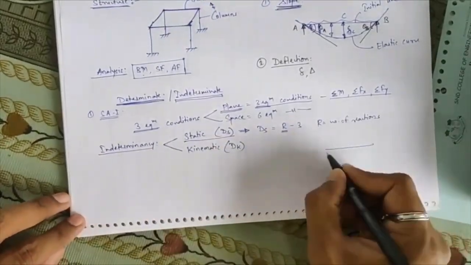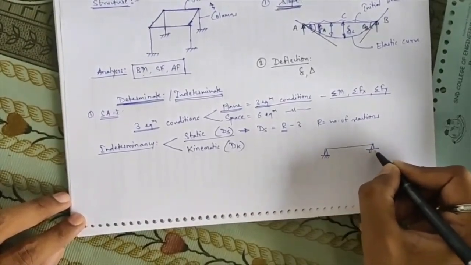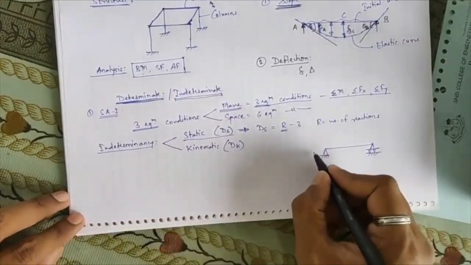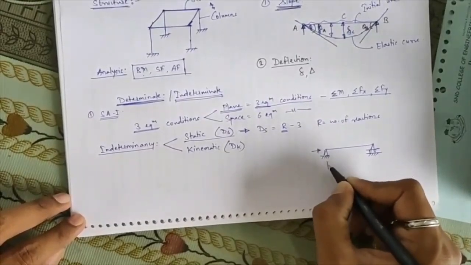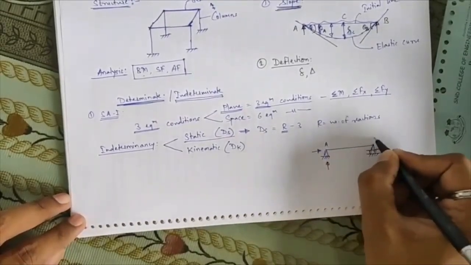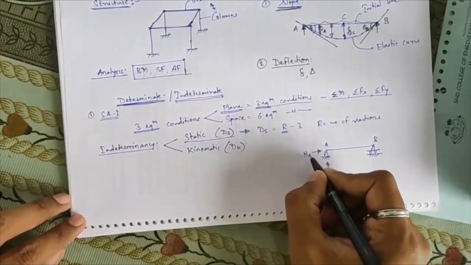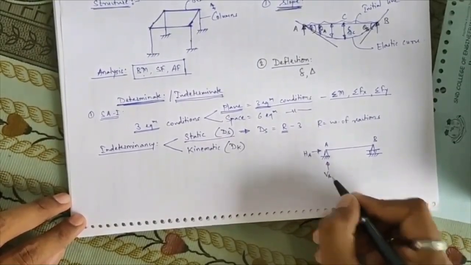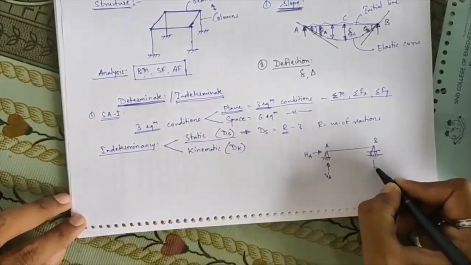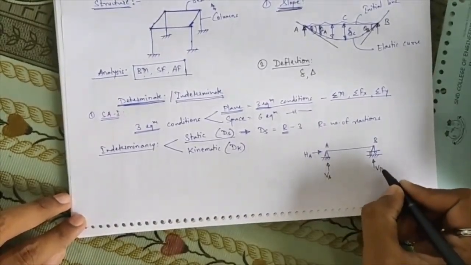If I consider any beam which is hinged at one end and has a roller support at the other, the number of reactions at the hinged end will be 2. Suppose this is point A, this is point B. This horizontal reaction will be HA, this vertical reaction will be VA, and at point B there is a roller support, so only one vertical reaction, VB.